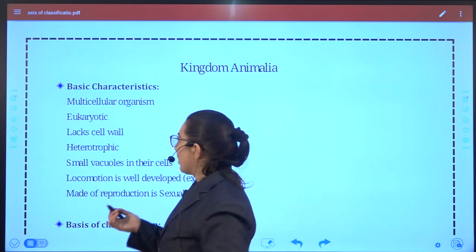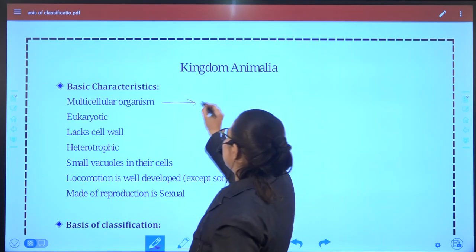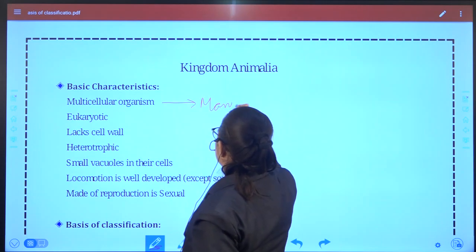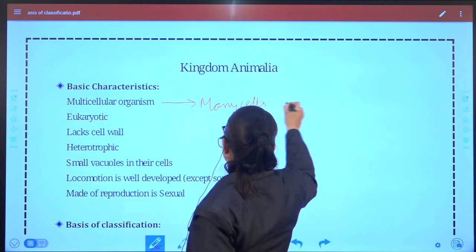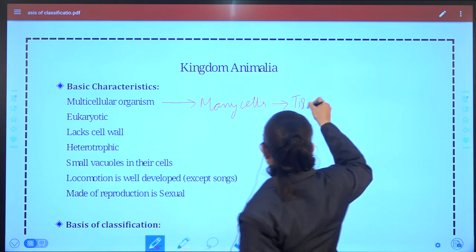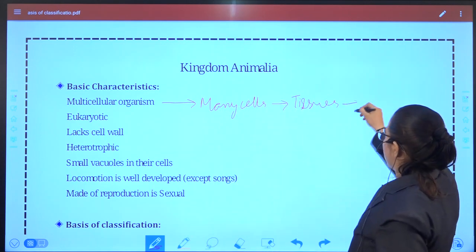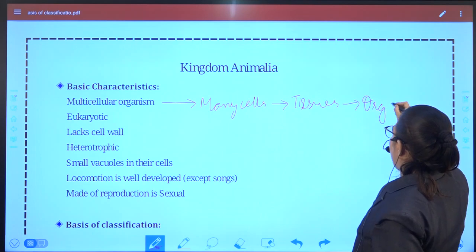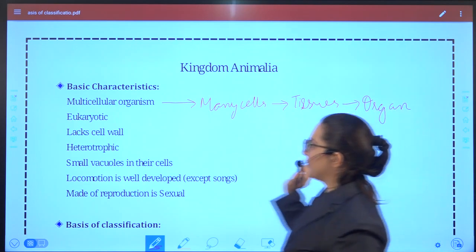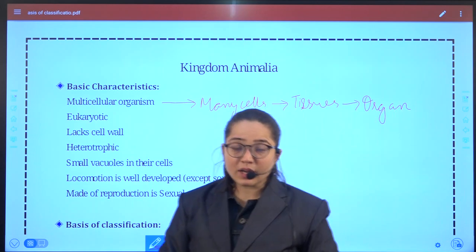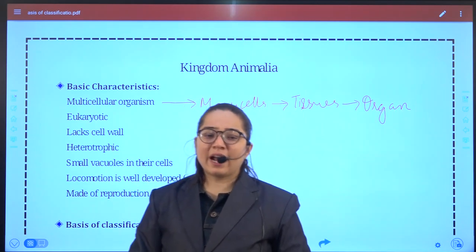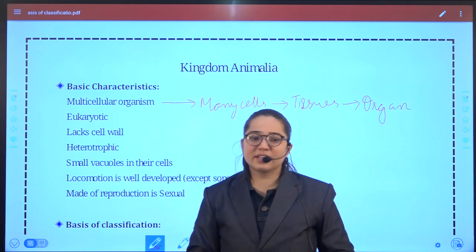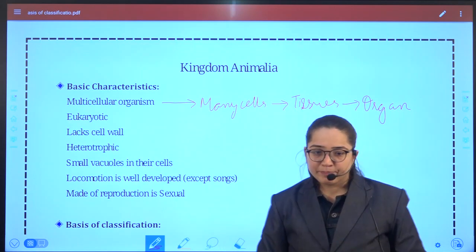That is, these organisms have many cells, so they form tissues. These tissues will form organs, and this is how the organs form the organism. The very first characteristic of kingdom Animalia is that it is multicellular.